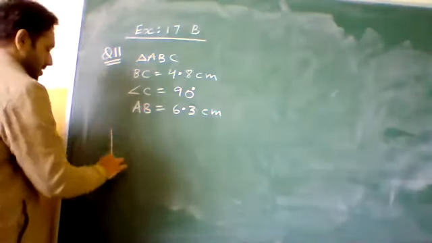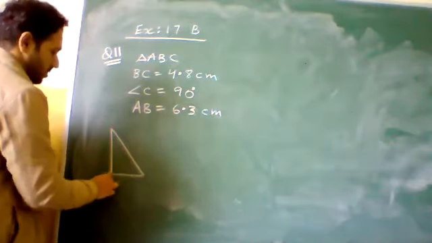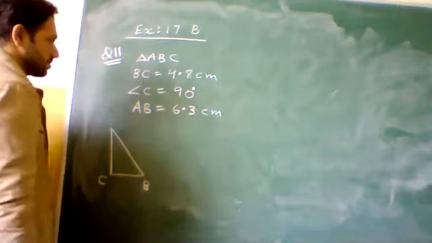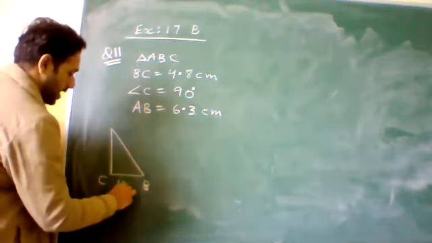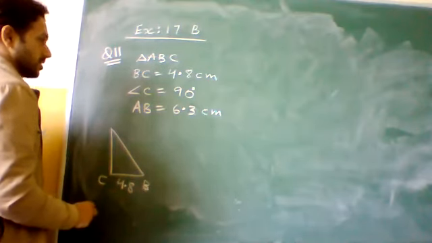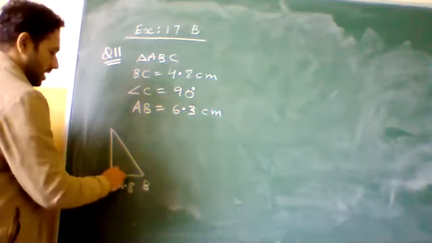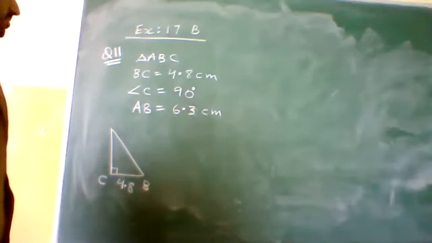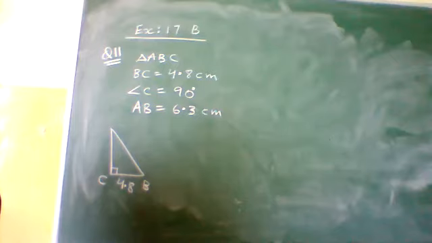Let's first draw a rough figure. This is C. I will take BC in the base. BC is 4.8. Angle C will be 90.